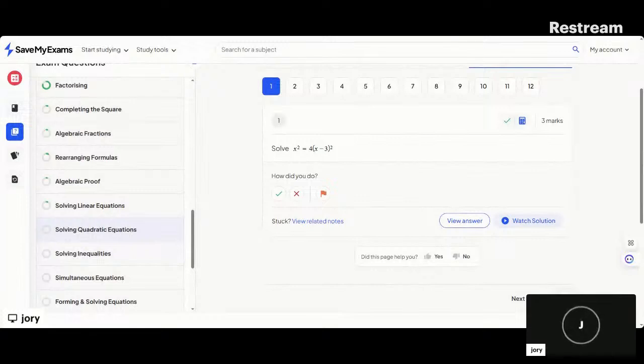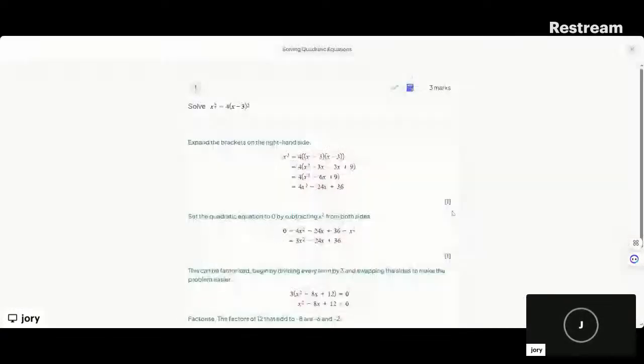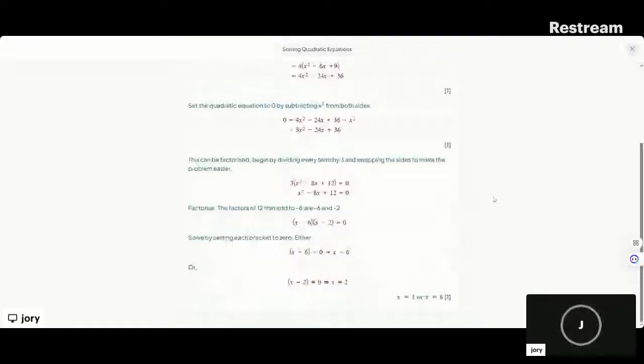It'll be x equals... Wait, why do I feel like this is easy? X equals 2x minus 6. X equals 6. Wait, this is too easy. X equals 6 or x equals 2. Why?